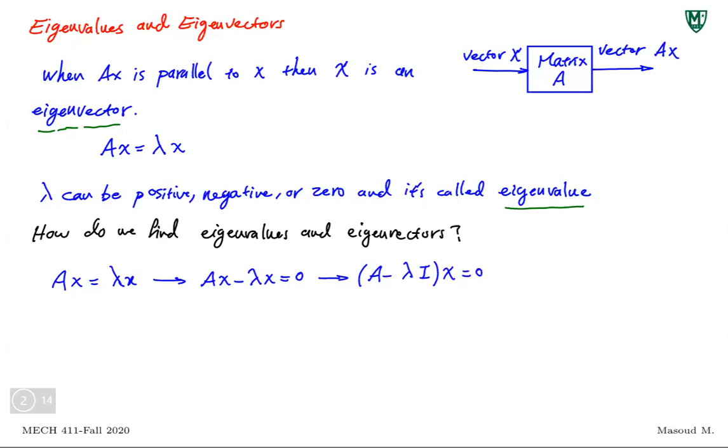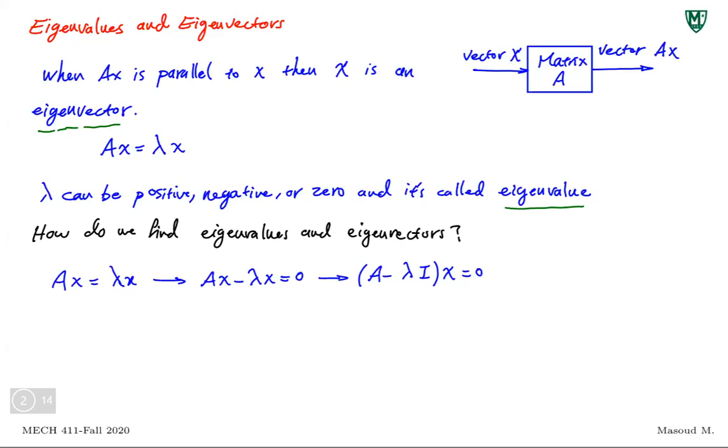Remember, the identity matrix is just a matrix with values 1 as its diagonal elements. Because lambda is just a constant, I have to convert it into a matrix if I want to do the matrix operation. A is a matrix, can be 2 by 2, 3 by 3. And remember, all the matrices we are going to talk about are square matrices, so the number of rows and columns are equal.